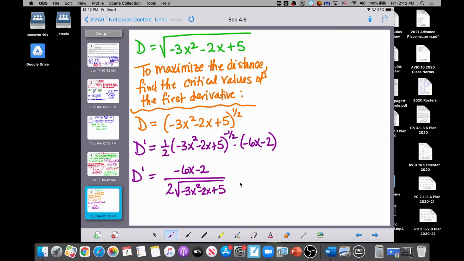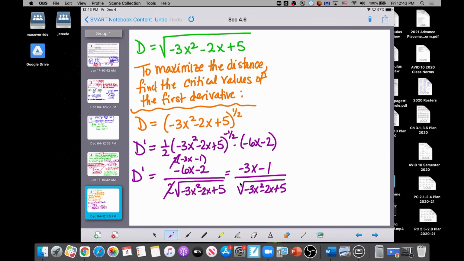Okay, and then I could do one more thing. I could certainly factor a 2 out of the negative 6x minus 2 in the top, and then I'd have negative 3x minus 1. And the only reason that I care to do that is because then I can cross out that 2 with that 2. And so now I end up with negative 3x minus 1 over the square root of negative 3x squared minus 2x plus 5.